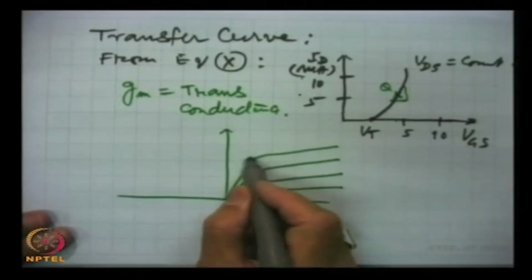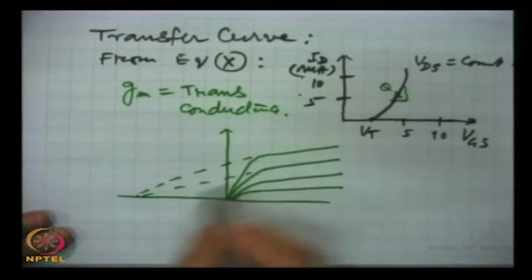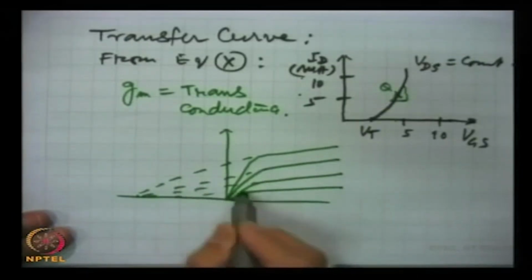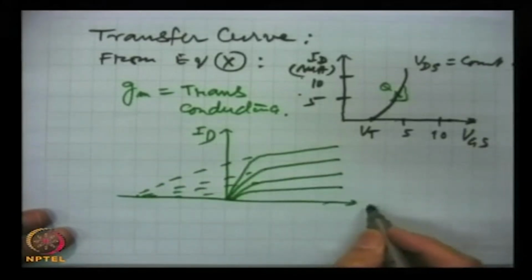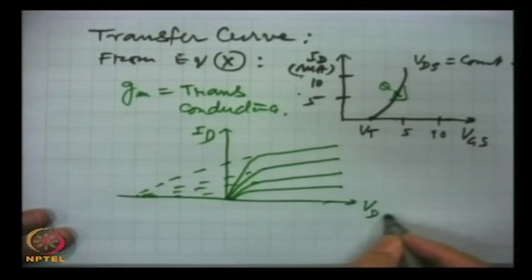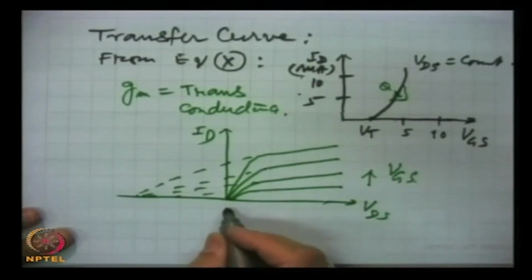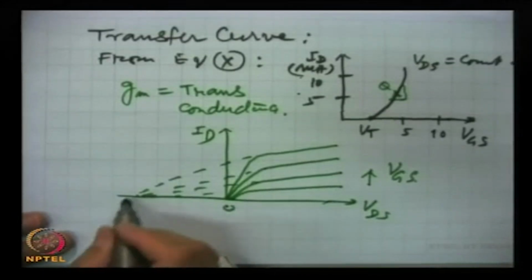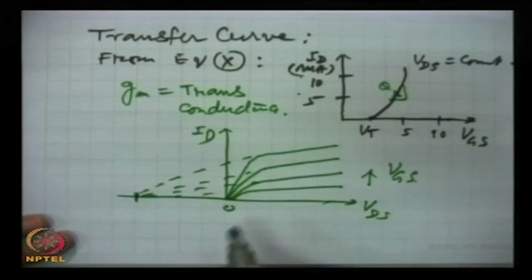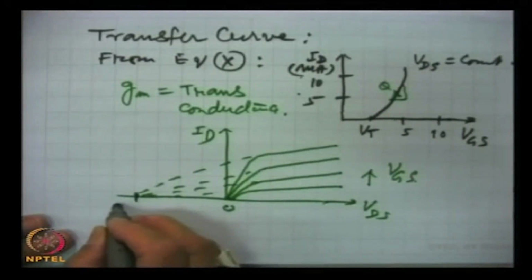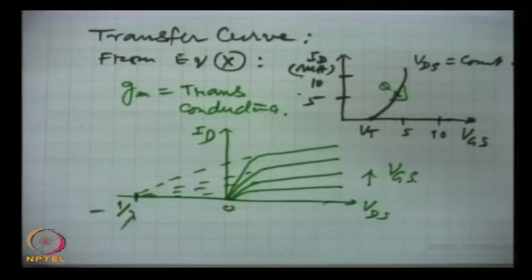When we extend these lines at the back, this is drain current, this is VDS, this is VGS, this is 0, then this cuts the VDS axis on the negative side at minus 1 by lambda.